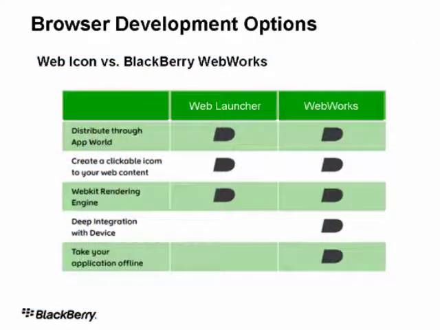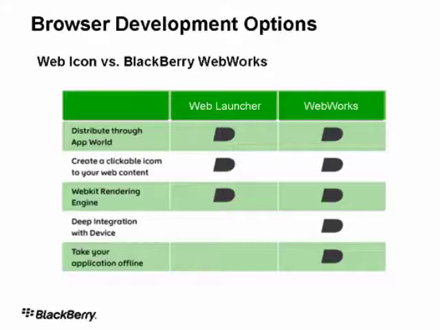Just to compare WebIcon and WebWorks applications. Both of them you can distribute through App World, and it's a clickable icon to get your web content. Both of them use the WebKit rendering engine on devices running 6.0. But only WebWorks allows deep integration with the device, and you can take your application offline.